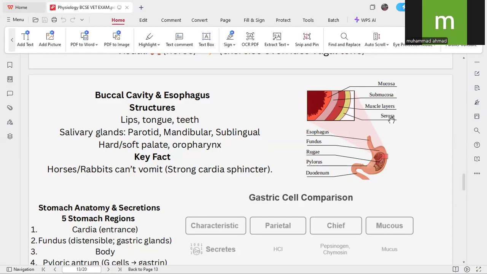There are different layers of the stomach. This is the mucosa, then submucosa, then the muscle layer involving two layers, longitudinal and circular, and then the outer layer is serosa. This is the esophagus. Upper part of the stomach is the fundus, then the body, then the pylorus as the ending part, and then the duodenum.